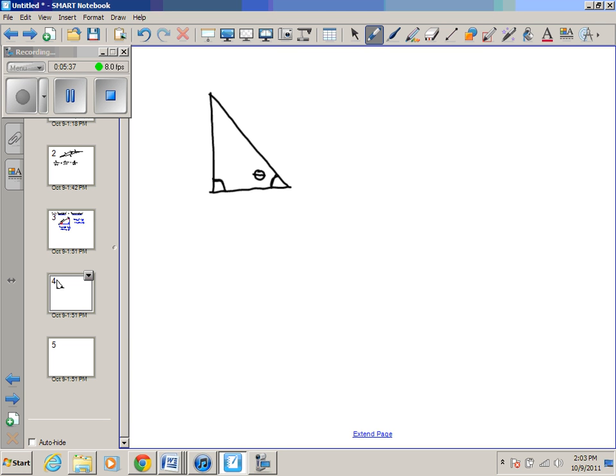There's a relationship between the legs of the triangle and the hypotenuse. So here's the hypotenuse. I'm going to call the hypotenuse H. And then we have a leg right here. This leg is opposite from theta. We call that the opposite side, O. And then this leg right here is adjacent to or next to theta. We call that A.